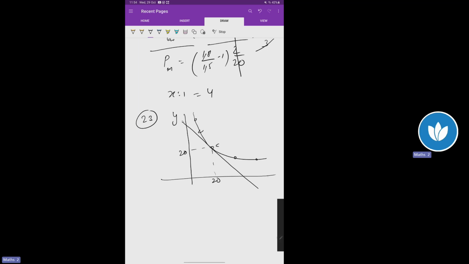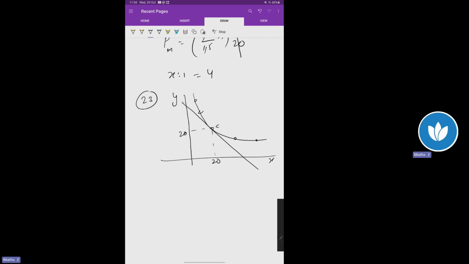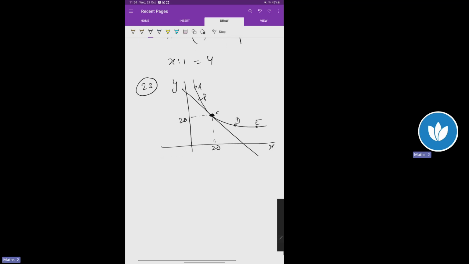This y is image distance and this is object distance with reference to the focal point of the lens. The y-x plot is shown in the figure. The focal length of the lens is, so this graph A, B, C, D, E is between U and V, and we know the coordinates of this point. At this point, U and V we have 20, 20.